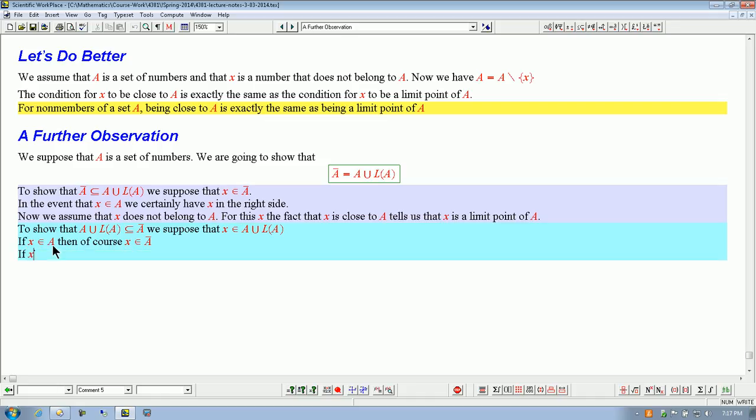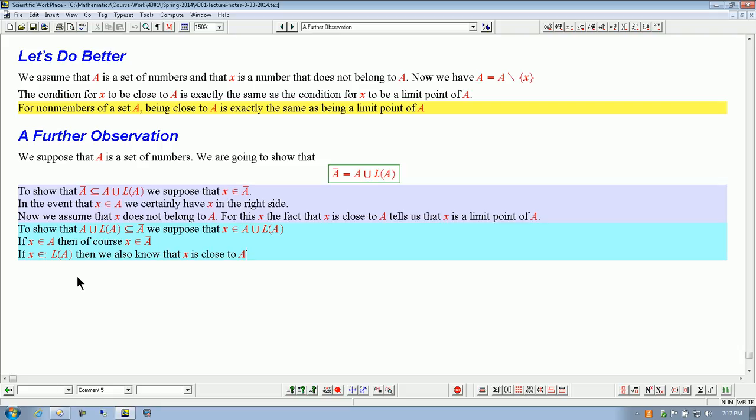If X, well, what is the other possibility? You belong to the union when either you belong to A or you are a limit point of A. So if X is a limit point of A, then we also know that X is close to A. Isn't that because that's one of the first things I said today, that limit points of a set are always close to the set.